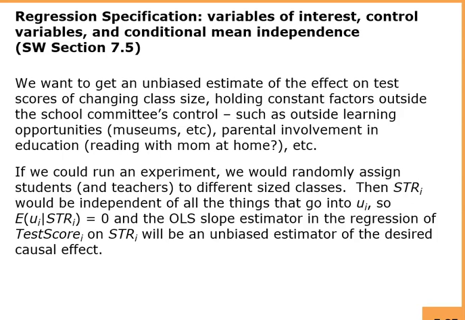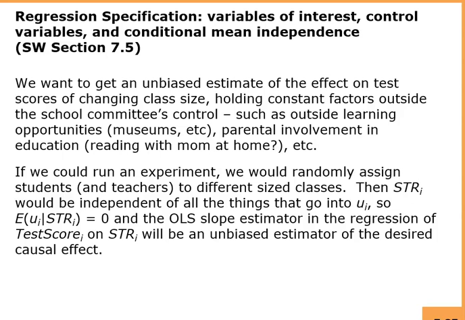And one of those factors might be outside learning opportunities. For example, children from more affluent backgrounds can have access to museums, libraries, they can go on learning trips more often. Parental involvement for those kids might be higher, which can all really contribute to higher test scores, eventually to higher cognition in a sense.